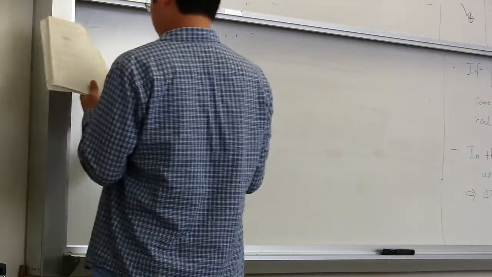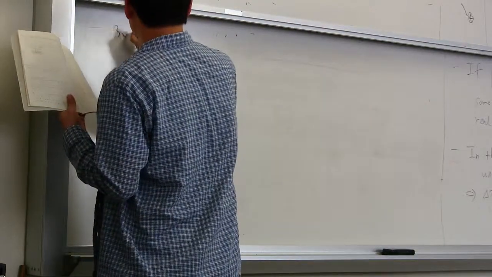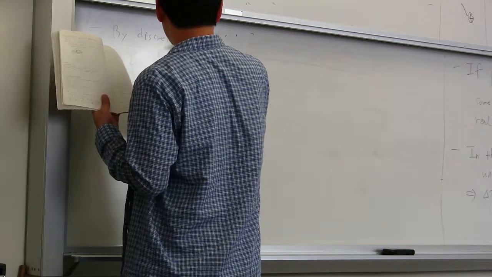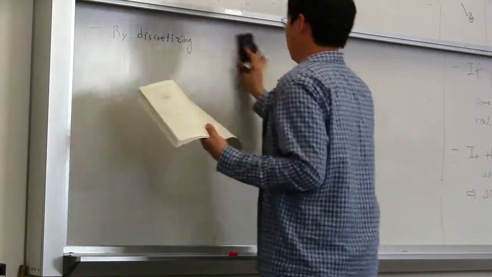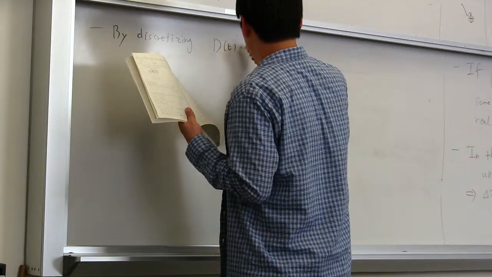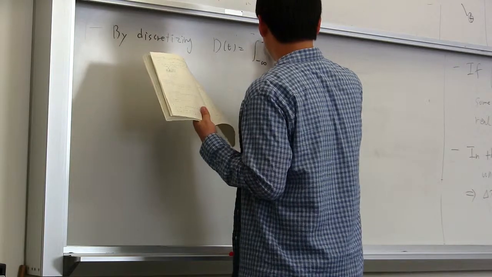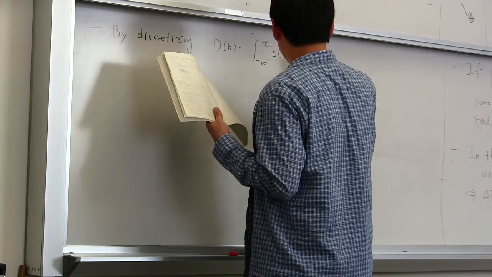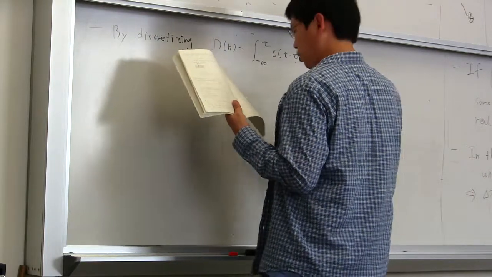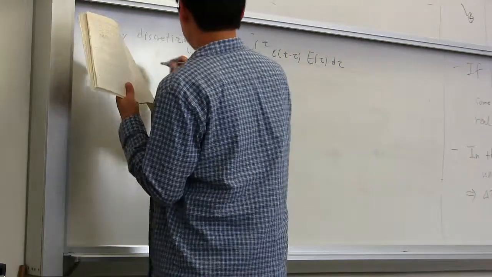And by discretizing the D and E field relationship, what you get is this.